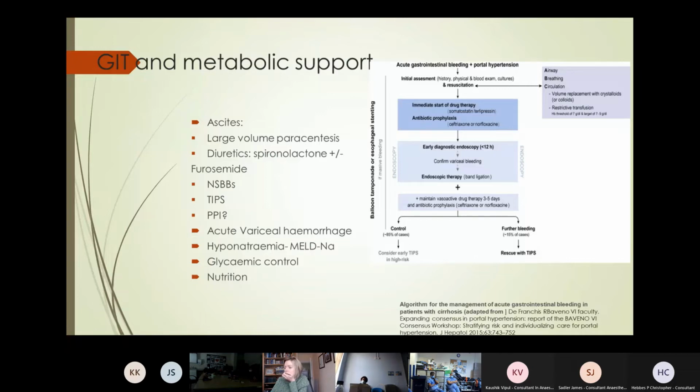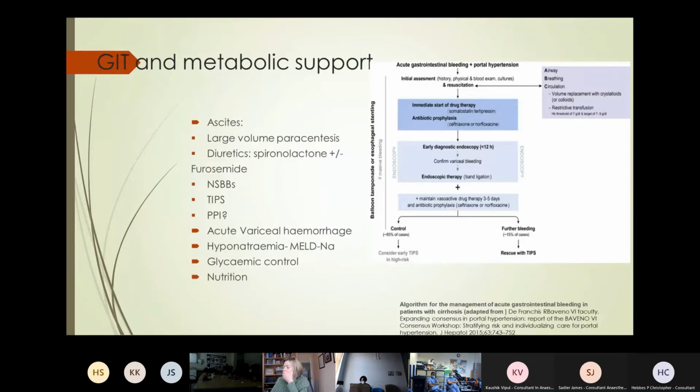Consider furosemide as well if they're not responding to spironolactone alone, because furosemide, as a loop diuretic, will help in excretion of the sodium. Also, non-selective beta blockers like propranolol have an effect because they reduce the portal hypertension. Consider TIPS. Role of PPI: not all patients need to go on PPI unless you think that they have gastritis. However, it's recommended that you can use a PPI after band ligation because of the ulcers associated with it. This is short term.